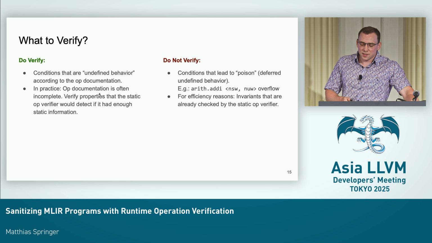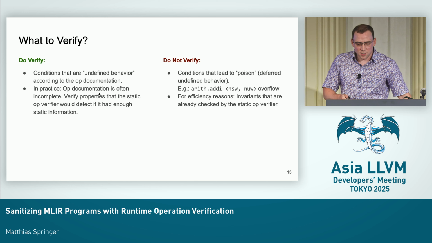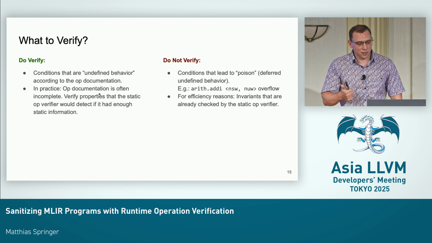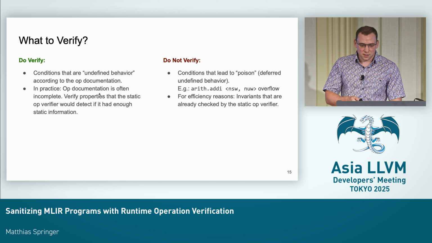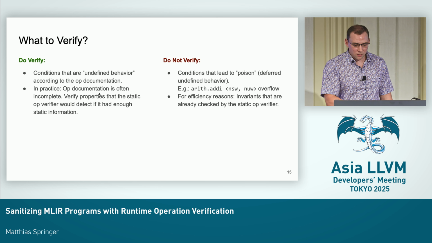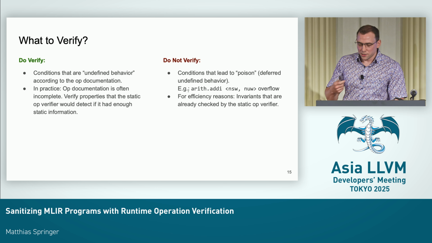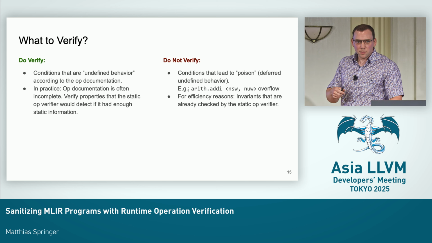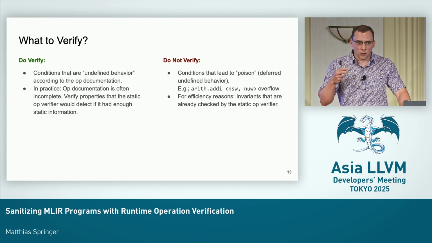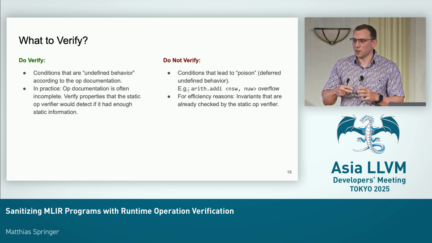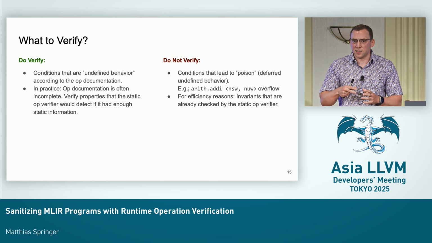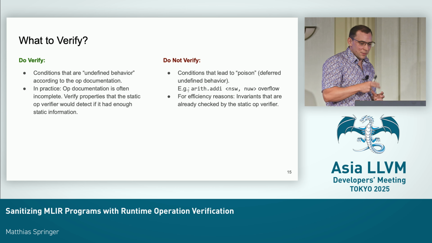Now there are also some things that you should not verify. The first category is conditions that lead to poison semantics, and an example for that is arith.addi. Poison is basically undefined behavior, but deferred. The operation does not produce immediate undefined behavior, but only if you use the poison value in a certain way, at which point the behavior may be undefined.